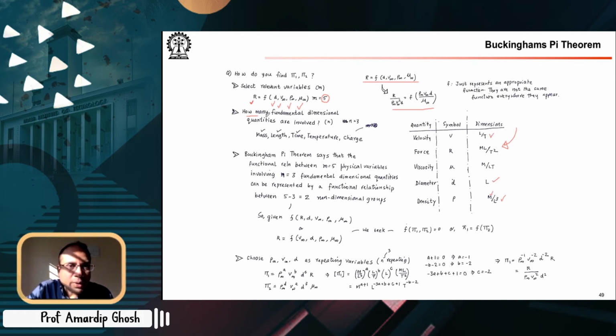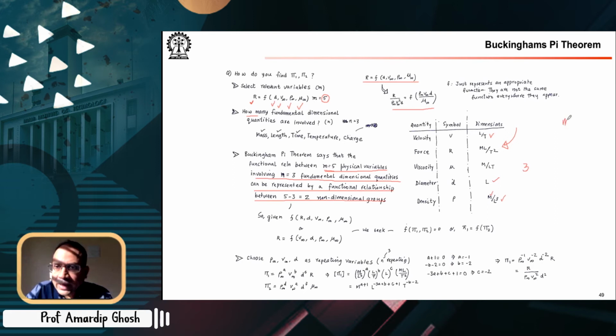So this way you can figure out the fundamental dimensions. How many fundamental dimensional quantities are involved? We have length, time, and mass, so 3 fundamental dimensional quantities. So n is equal to 3, and m is equal to 5. Buckingham's Pi theorem says that the functional relationship between m equals 5 physical variables involving n equals 3 fundamental dimensional quantities can be represented by a functional relationship between 2 non-dimensional groups, or 2 pi groups.